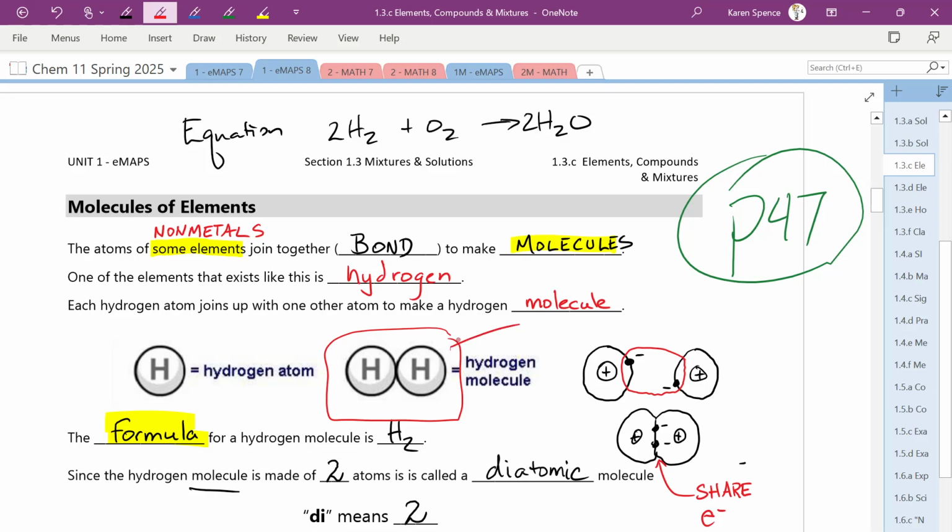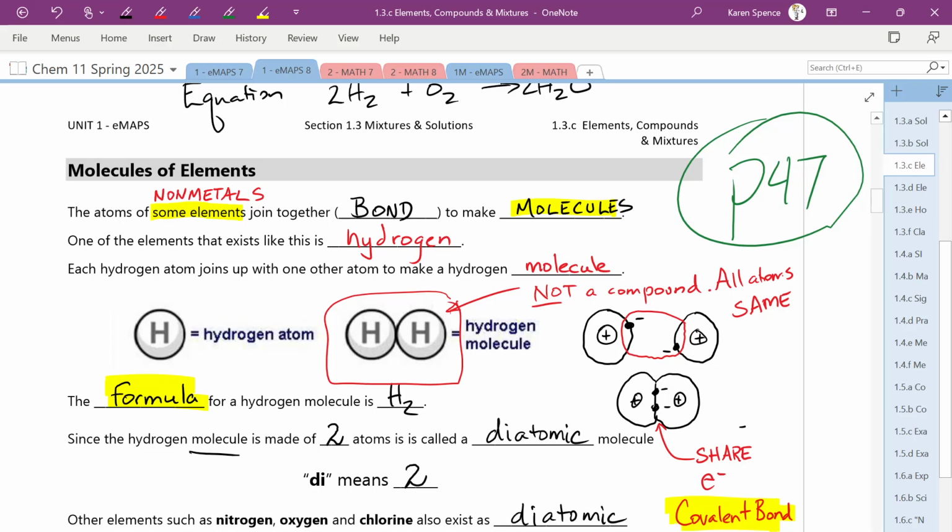It's not a compound because it has only the same atoms. However, we can make a compound.